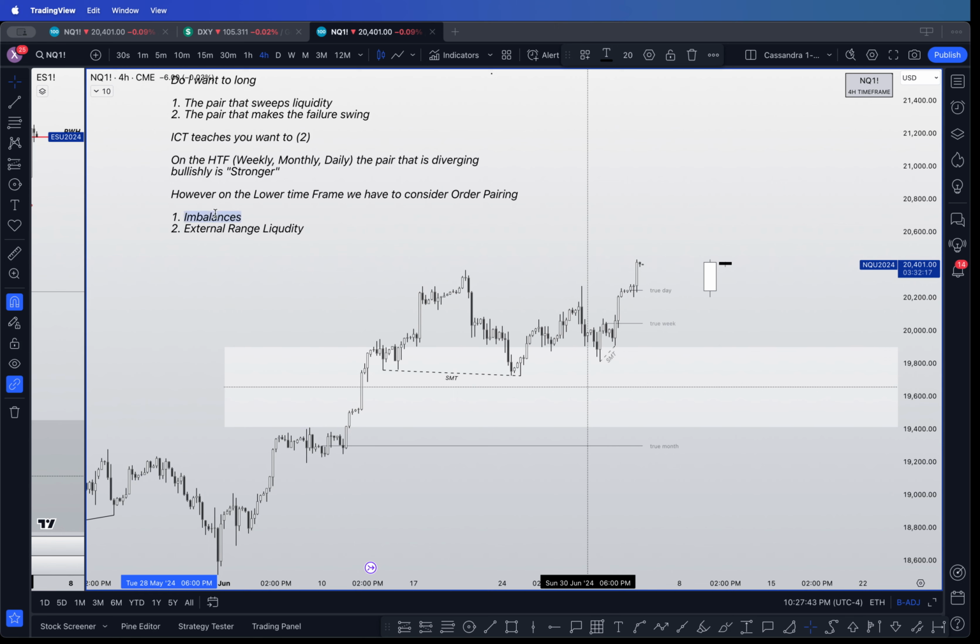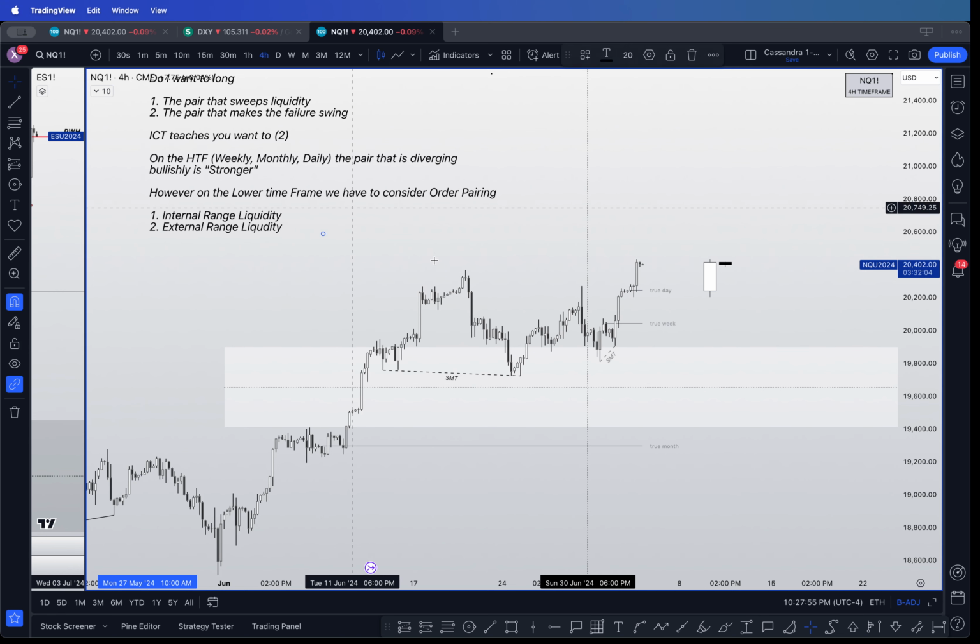So what's the same thing as saying imbalance? What's that type of liquidity called? There we go. And that's exactly how we understand market maker models to work, right? So what I will argue to you, and I implore you to do your own research and prove that what I'm teaching you makes sense, is that the idea that SMTs have to have certain rules about them, like you need to long the pair that makes the lower high, or the higher low.